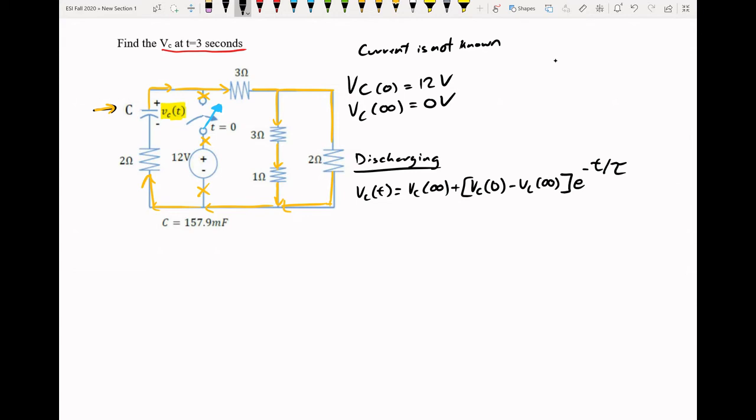Okay, and looking through here, what else do we know? We know that time is equal to 3 seconds.